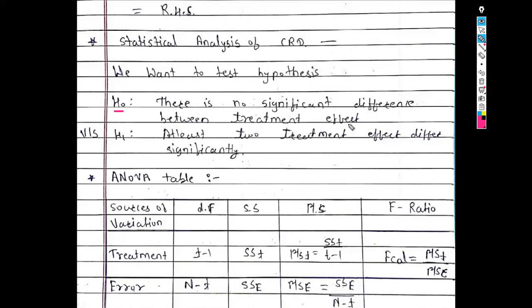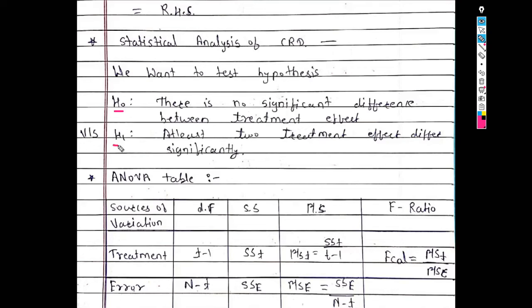So suppose we want to compare 4 treatments, or 4 fertilizers, then we make the hypothesis that there is no significant difference between the 4 fertilizer effects. This means the output of every fertilizer is the same, that is, there is no significant difference between fertilizer effects.